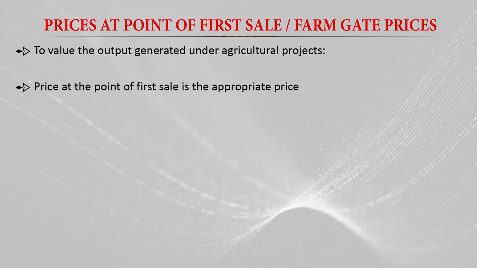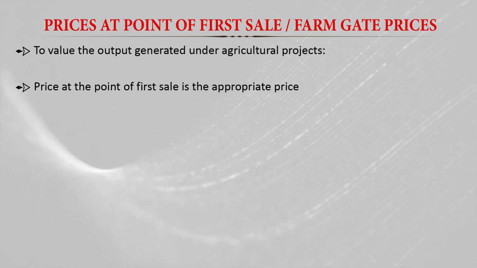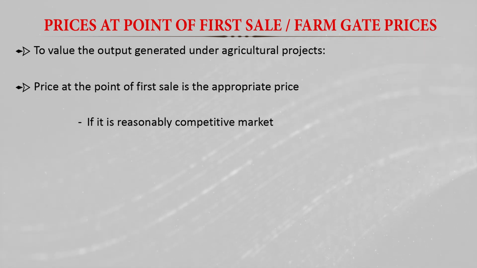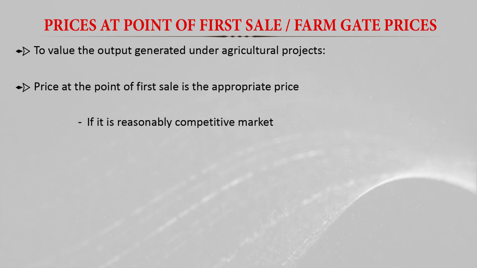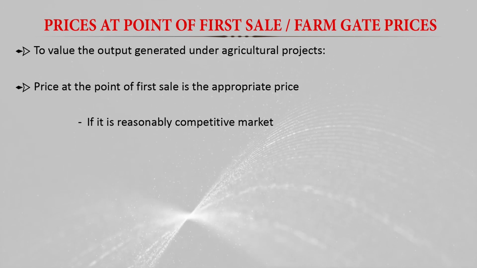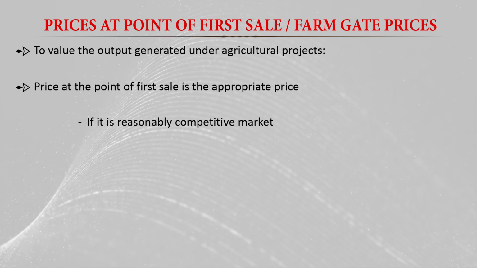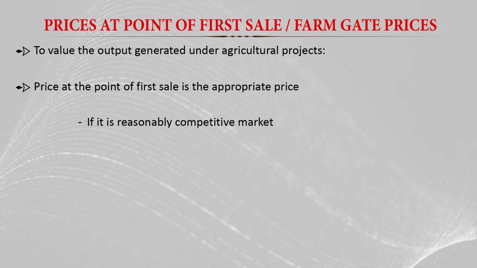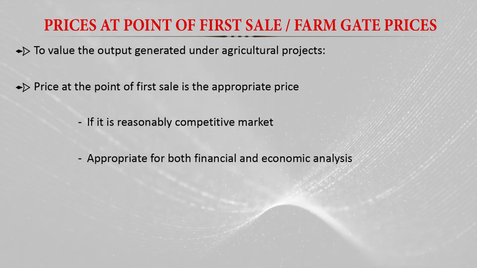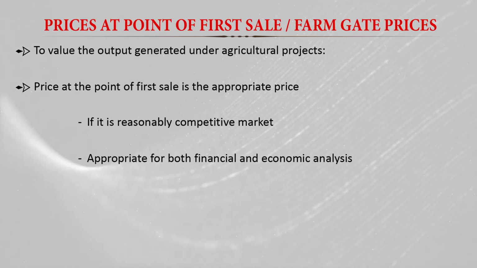The price at the point of first sale is the appropriate price if there is a reasonably competitive market, because if there are a large number of producers and a large number of buyers, then only can we say the price at the point of first sale is appropriate for both financial as well as economic analysis.